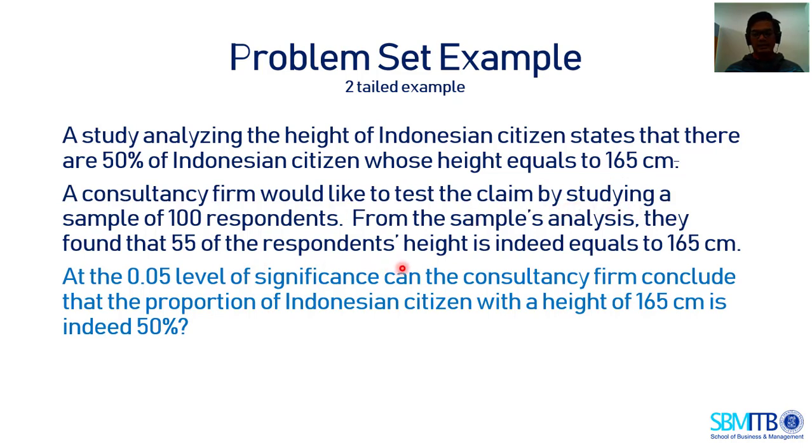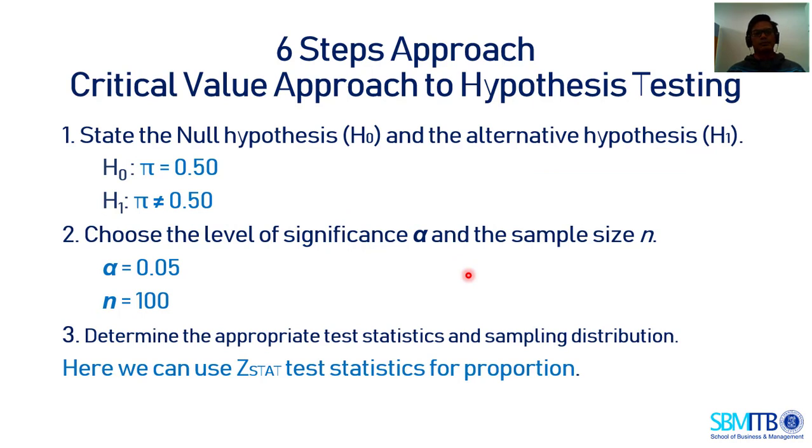From the sample's analysis, they found that 55 of the respondents' height is indeed equals to 165 centimeters. At the 0.05 level of significance, can the consultancy firm conclude that the proportion of Indonesian citizens with a height of 165 centimeters is indeed 50%?